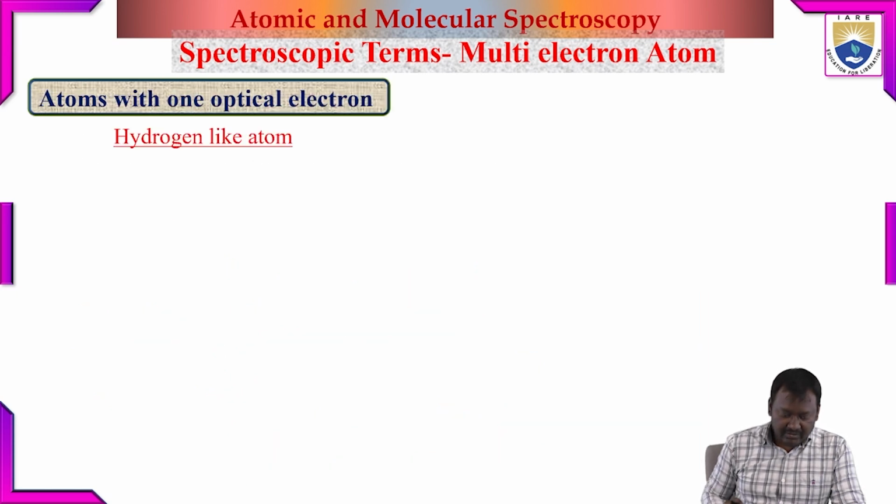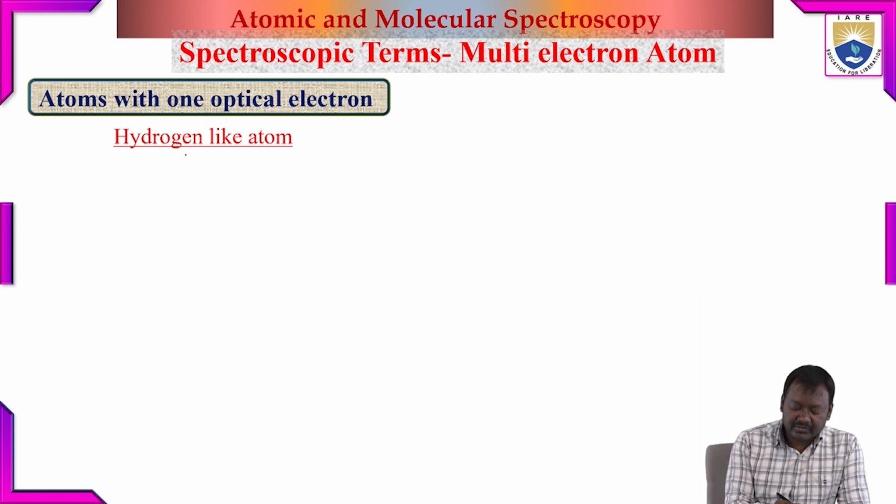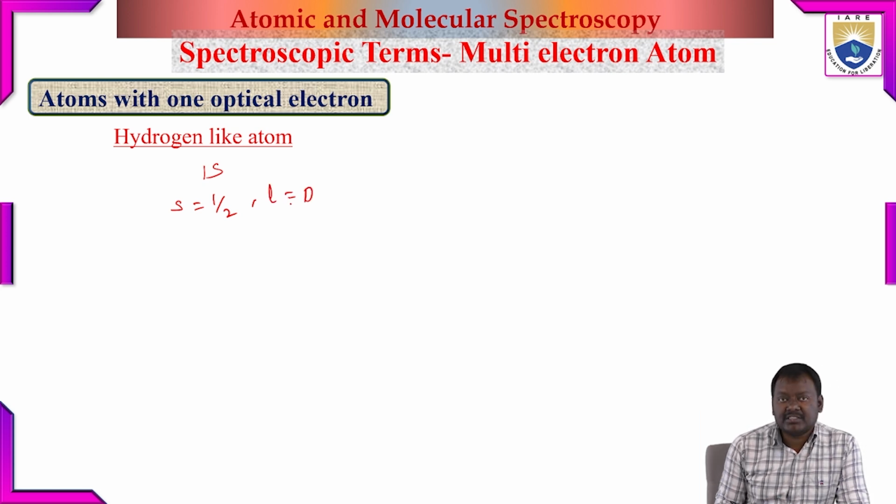So let us once again consider a hydrogen-like atom. For example, the electronic configuration is 1s. So here the spin angular momentum quantum number s will be equal to 1 by 2, and the orbital angular momentum quantum number L equal to 0, as it is an s orbital or s shell.